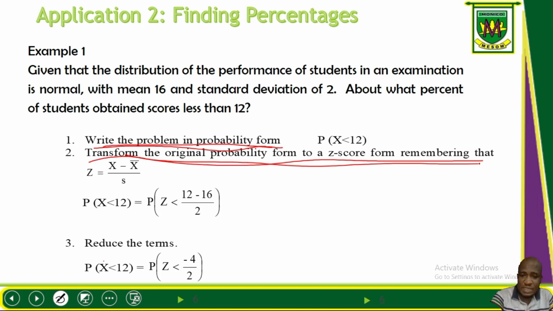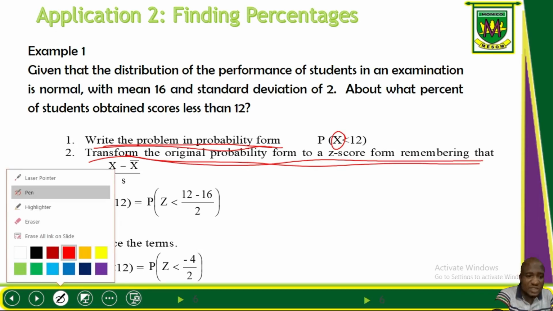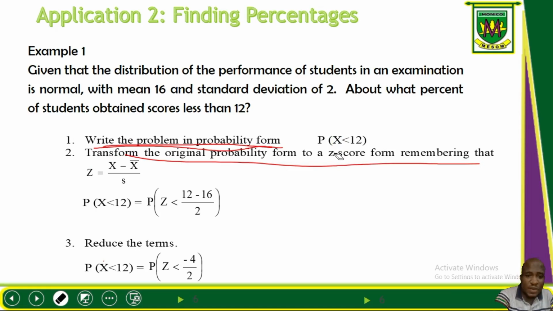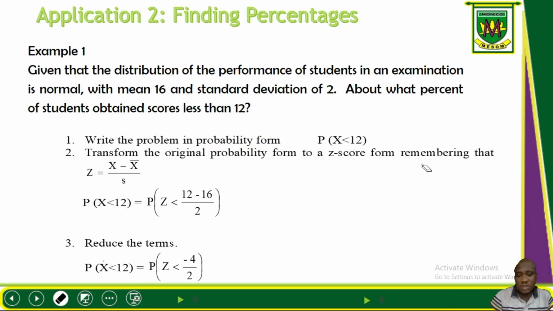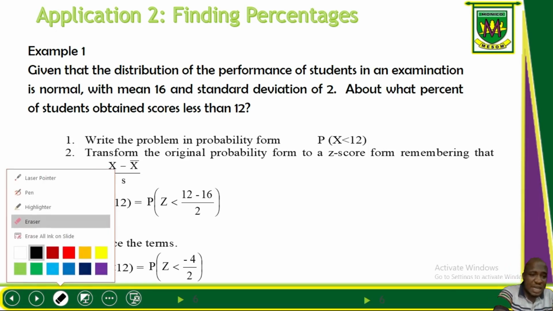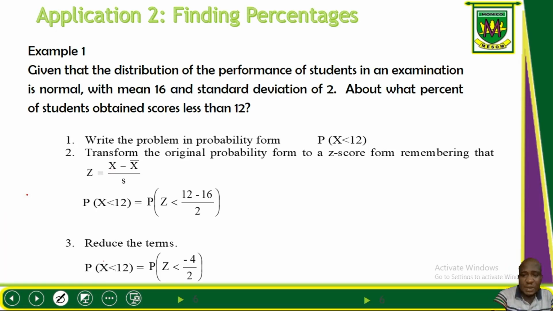So now we will use X to represent the scores of the students, and we are talking about a performance which is less than 12. So you draw the less than symbol, then you follow it with the score in the question, which is 12. So P into brackets, we have X less than 12.